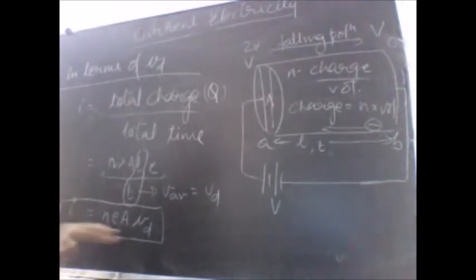So we need to make a small change here in the formula by just rearranging the terms. So let us see what change. So I is equal to NEAVD. This is the formula that relates current and drift velocity.